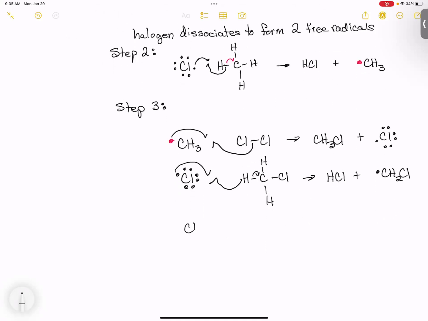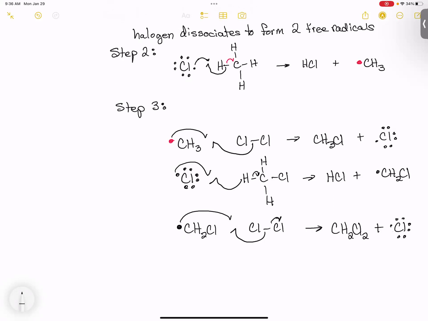The CH2Cl free radical can react with another Cl2 to make CH2Cl2 plus another HCl, or excuse me, another Cl free radical. And it can keep going.